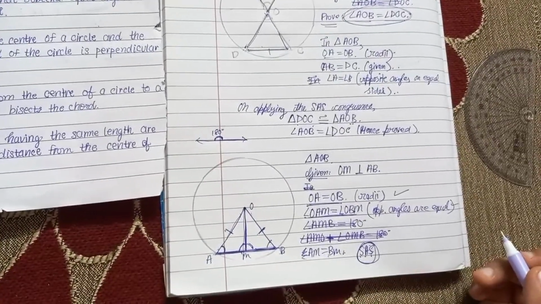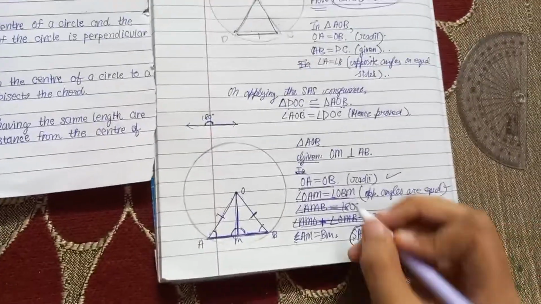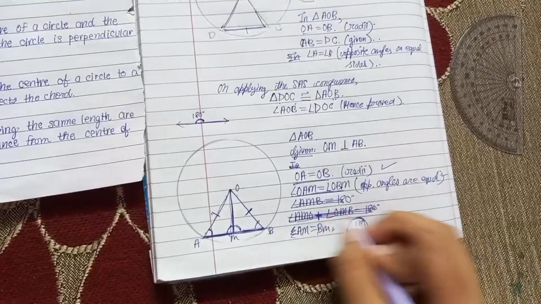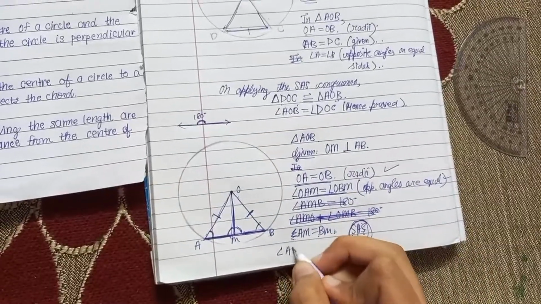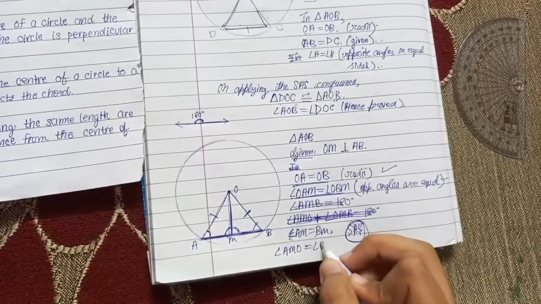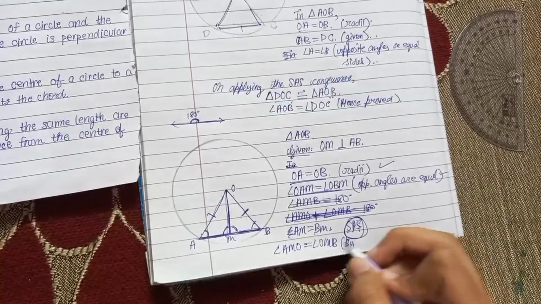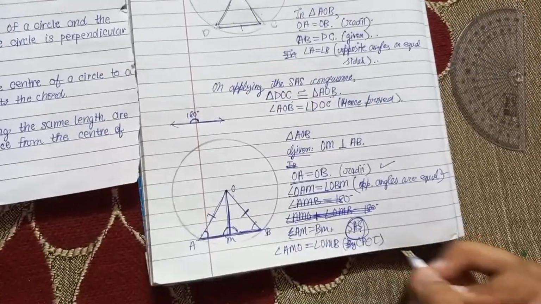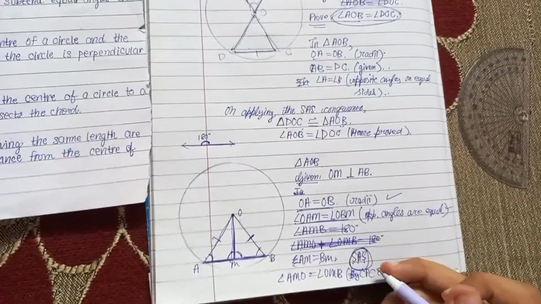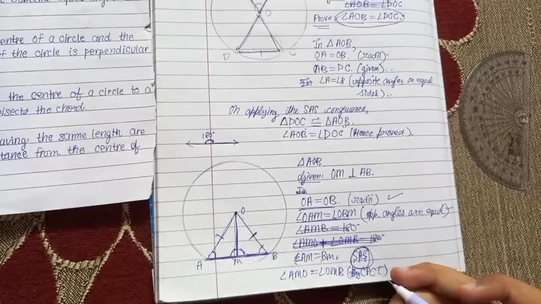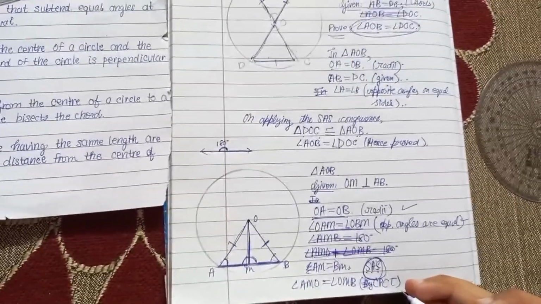On using the SAS congruence, these angles are now automatically equal. Angle AMO is equal to angle OMB. CPCT. After using any congruence, we can just mention that these two angles or these two sides are equal through CPCT.